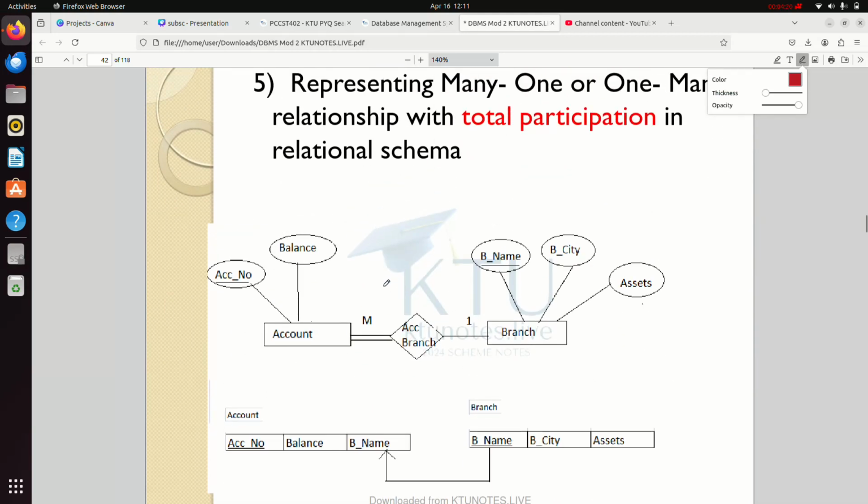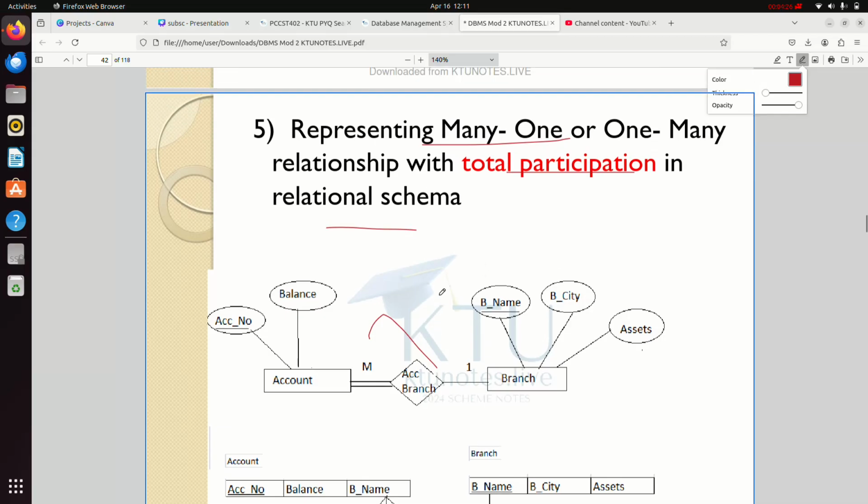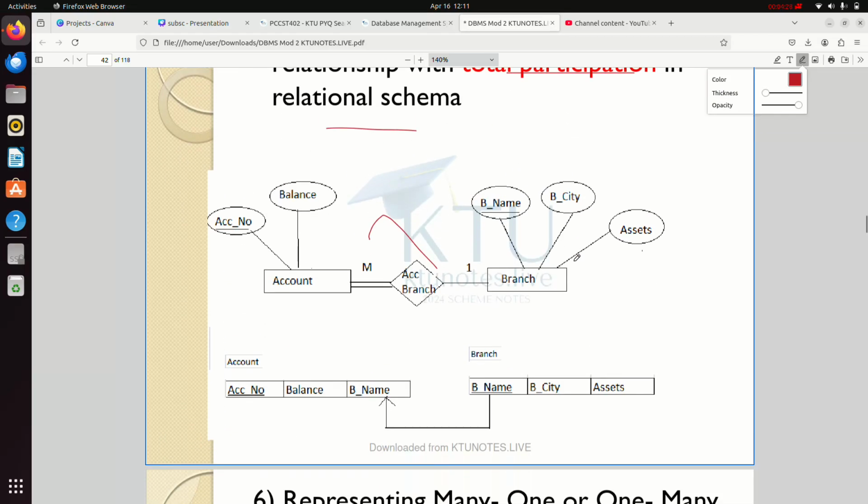Let's say you have many to one or one to many. Represent many to one and one to many relationship with total participation in relational schema. That means you have a many to one relationship here. Then what you're going to do? A many to one relationship is coming, and on the account side there is total participation. That means in every account there is a branch.